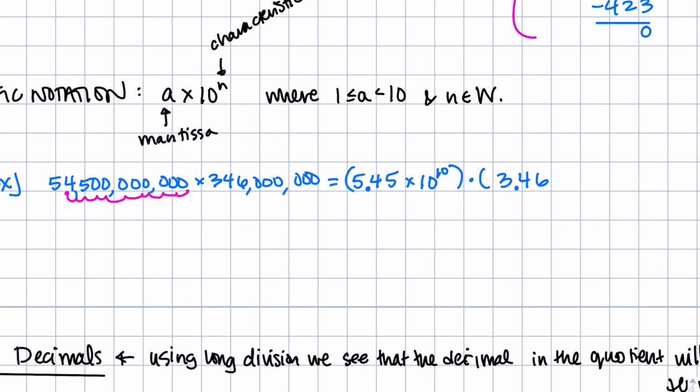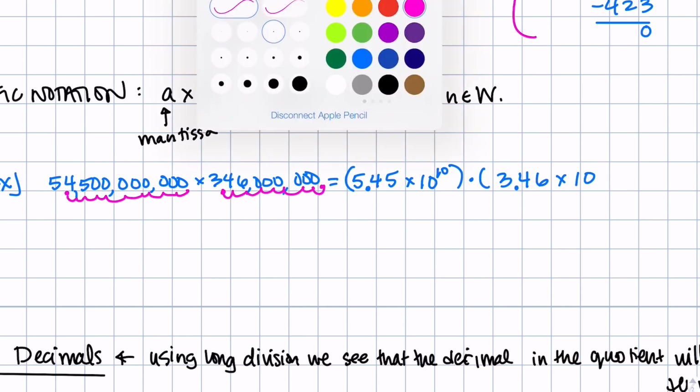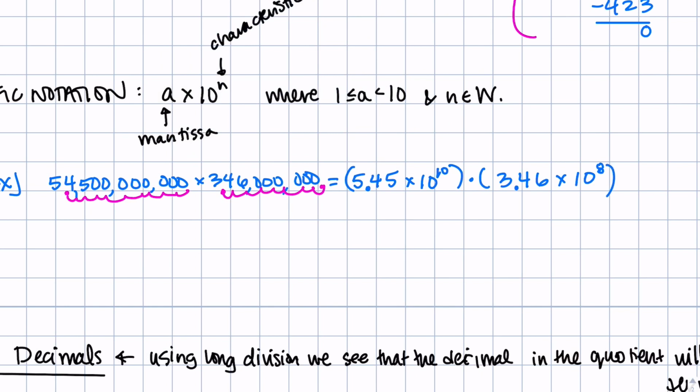So I'm going to write this as 3.46 times 10 to how many powers do I have? Let's see. If I started off with 3.46 to get to 346 million, I'd have to multiply by 1, 2, 3, 4, 5, 6, 7, 8 powers of 10. Okay, so I'm really multiplying these two numbers.